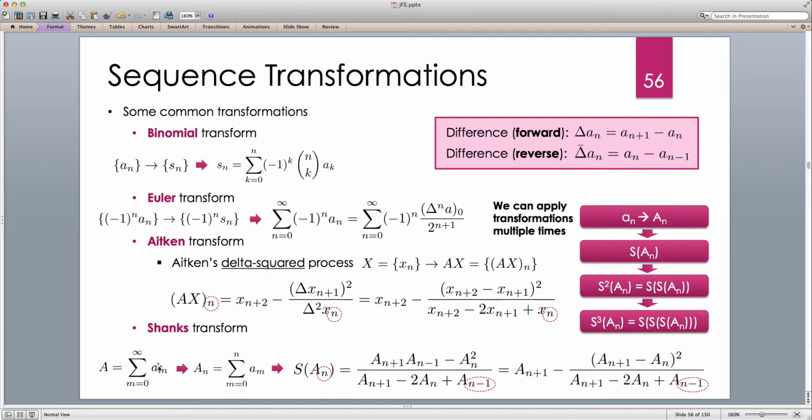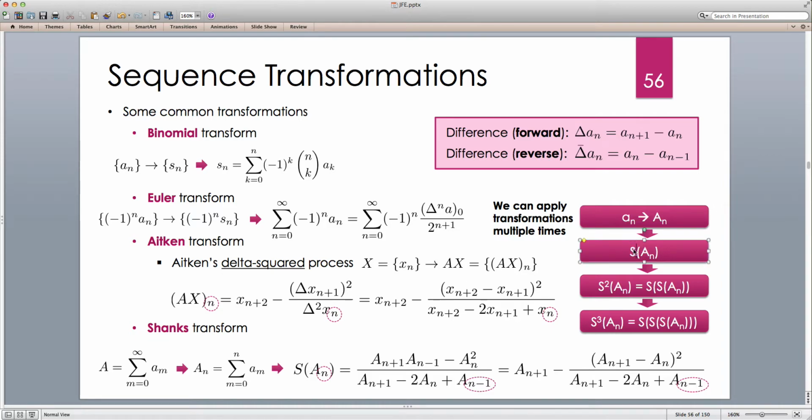So we said that if we start with an, then we define a partial sum sequence, which is summing over the small a sequence. And now we can transform this partial sum because we want to find if this series converges, we want to find the value of the series or the limit of this sequence, the partial sum sequence. And we said that we can transform using Shanks or Aitken.